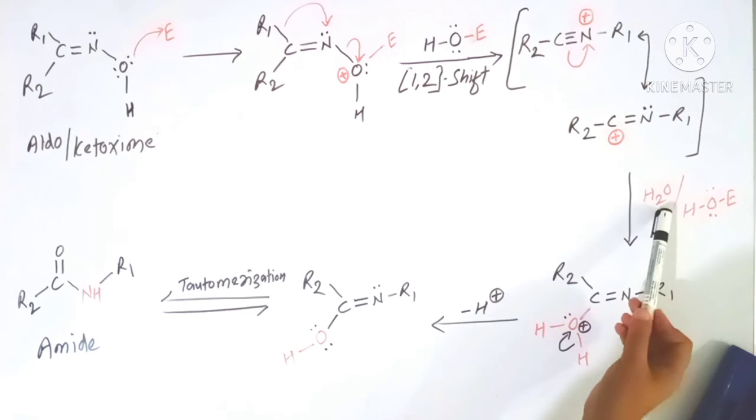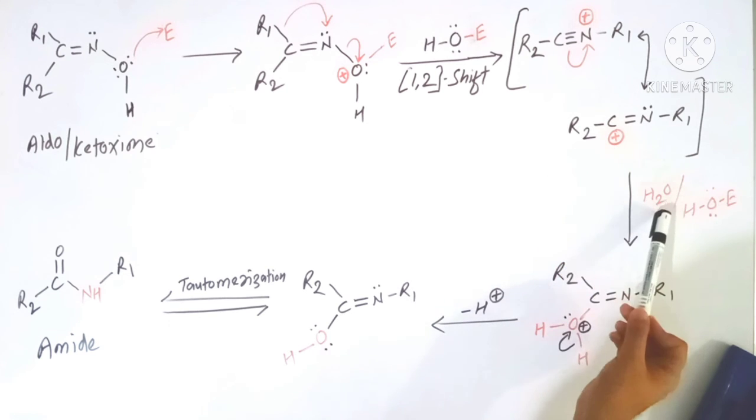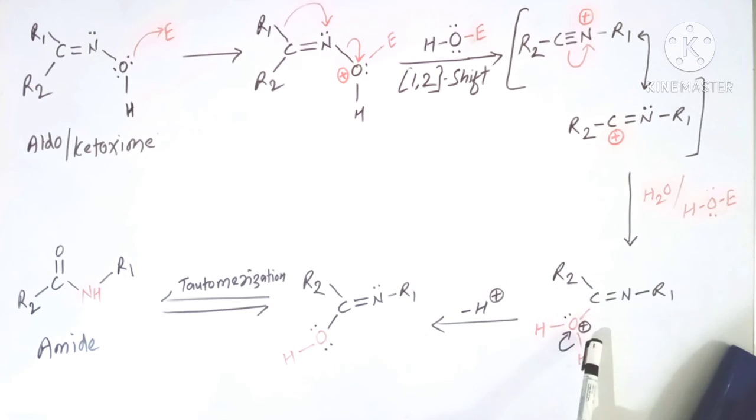So what happened here, this water reacts with this carbocation, it's a good nucleophile, so it attacks this electrophilic carbon, and it forms this intermediate on which oxygen has positive charge. So first proton is removed from this intermediate by donating its lone pair to the oxygen.